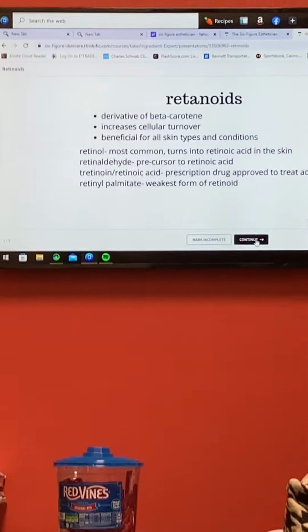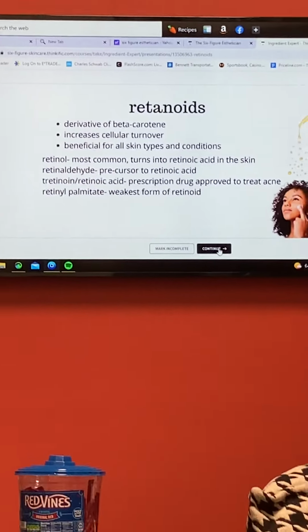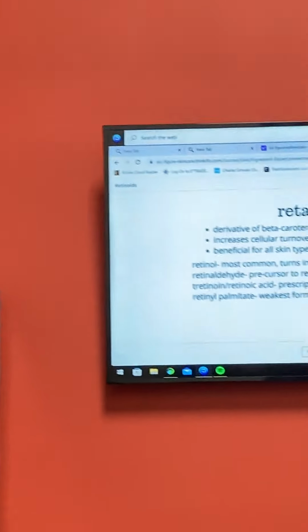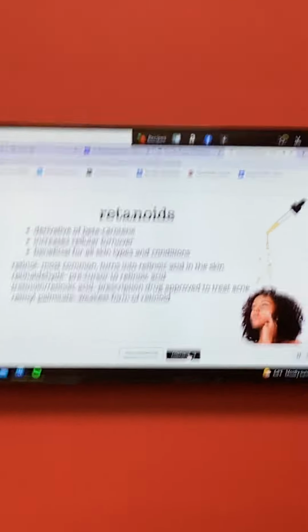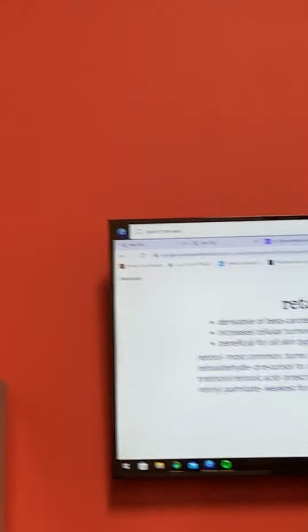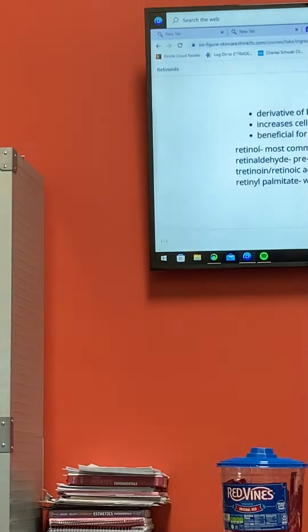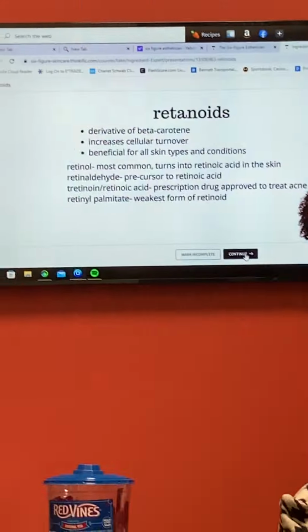So getting back deeper into retinols, they're not to be used in conjunction with alpha hydroxy acids. The skin can become very irritated, and it can have quite a reaction. So you want to be very careful in what you're mixing your retinols with, as far as the other products your clients are using.